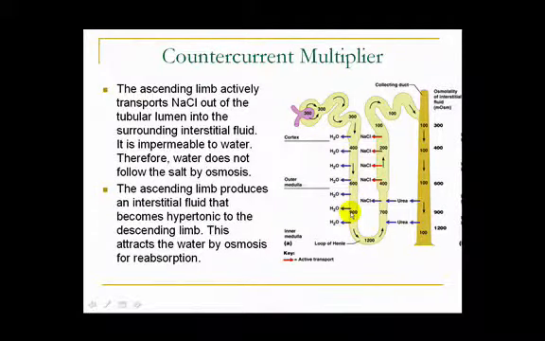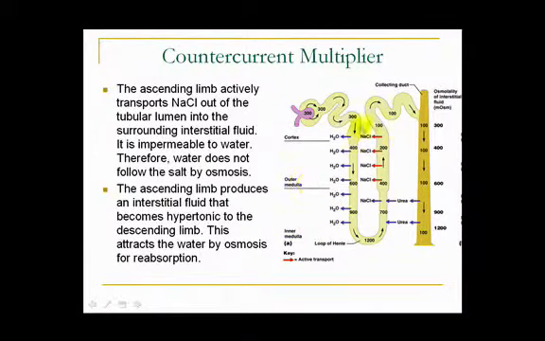So if you're 900 milliosmoles here, but it's 1200 in the interstitial fluid, water is going to move out to its lower concentration. Because remember, the higher the milliosmoles, that's the amount of solutes. So if you have 1200 milliosmoles of solute, that means you have less water than if you have 900 milliosmoles of solute, then you have more water. So water is moving out.